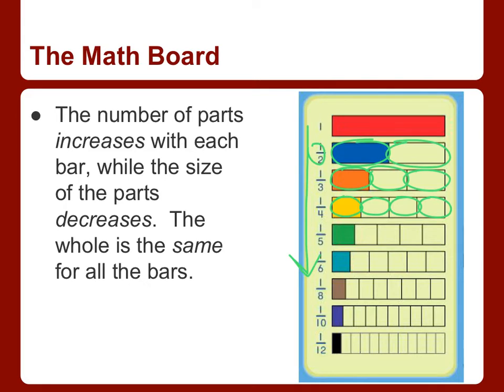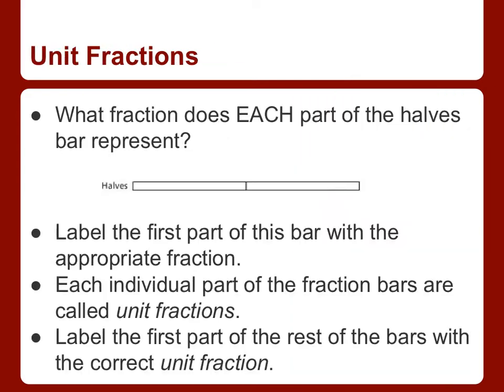So the number of parts gets bigger, but the actual size of these pieces gets smaller. The size has to get smaller because you're breaking that same size whole into more and more pieces.